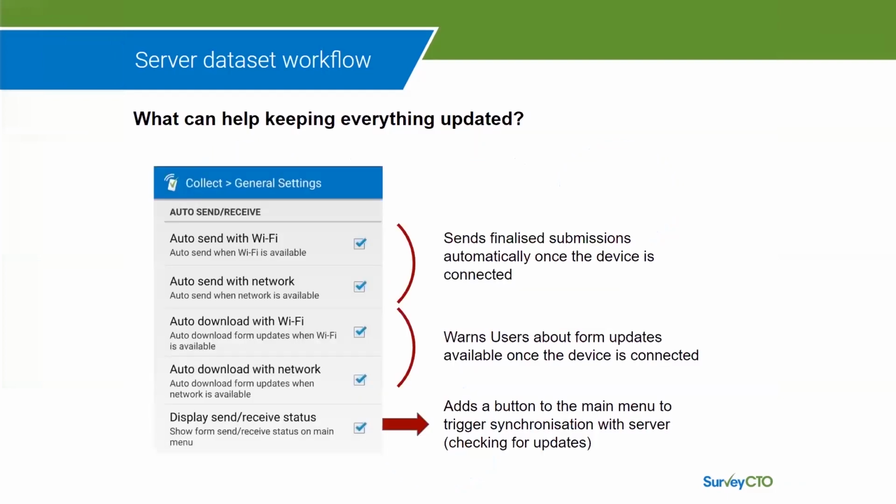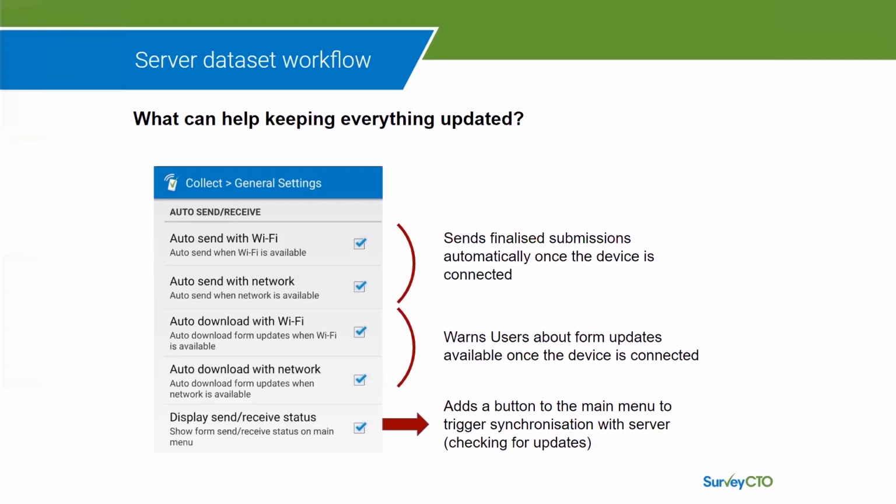There are a few settings in SurveyCTO Collect that will help you ensuring this. The first couple of settings, this is in general settings, are auto send with Wi-Fi or network. And this will send finalized submissions automatically once the device is connected. The second couple of settings important are auto downloads with Wi-Fi or network.